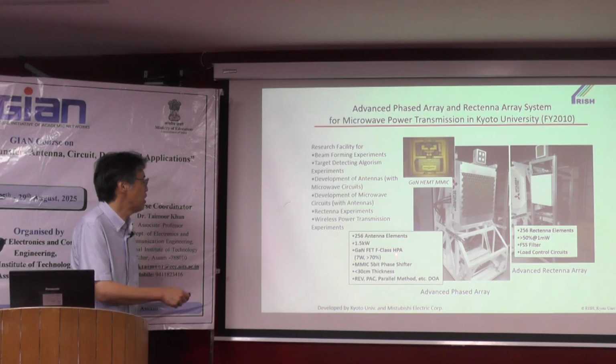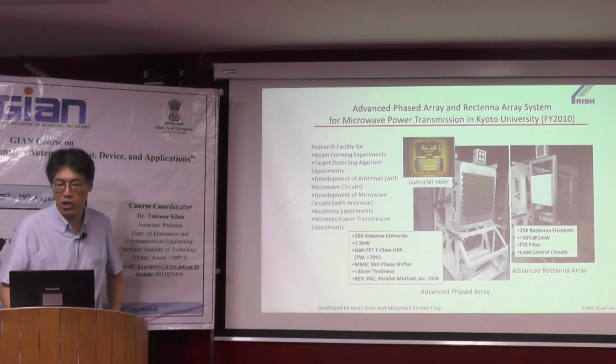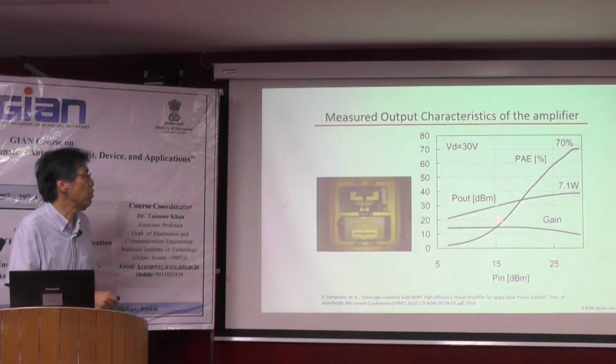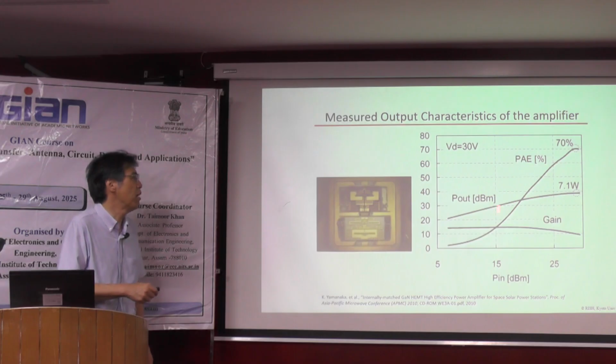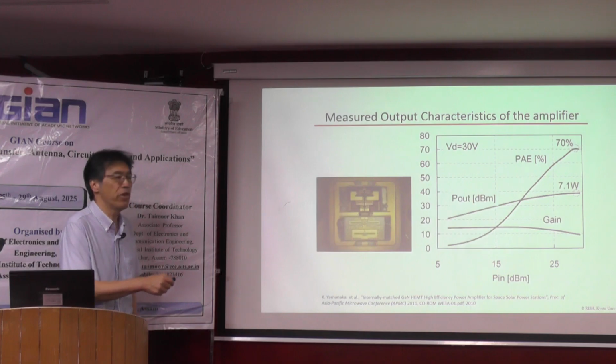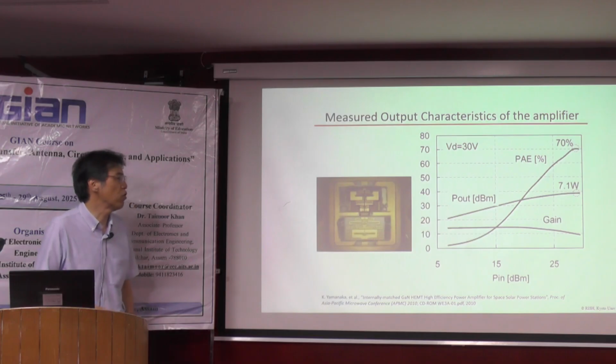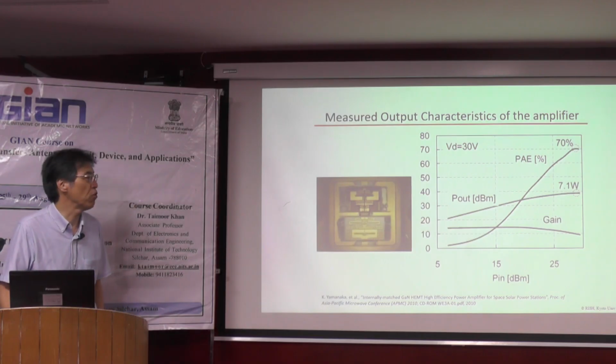Each gallium nitride amplifier can produce over 7 watts with 70% conversion efficiency. This is a measurement characteristic of the power added efficiency and amplitude efficiency of the gallium nitride, and here we reach 70%. So this is a very good phased array developed by Kyoto University and Mitsubishi Electric.